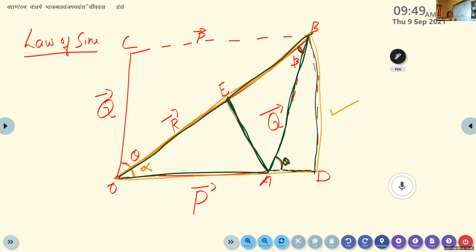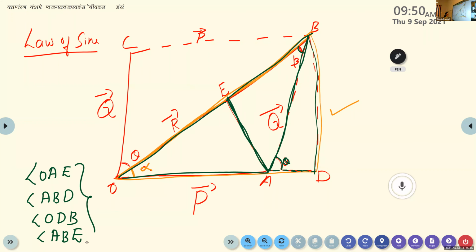Then we consider all the triangles in terms of sine angle: triangle OAE, then the inner triangle ABD, then triangle ODB, and one more triangle, triangle ABE. We find the sine angles from all these four triangles.